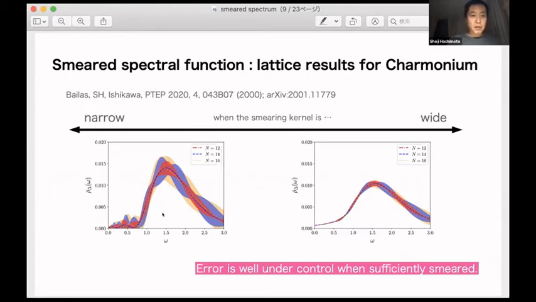But going to narrower and narrower smearing range, the approximation gets more difficult, and you probably need higher order terms.